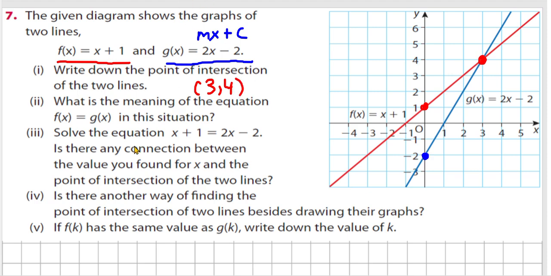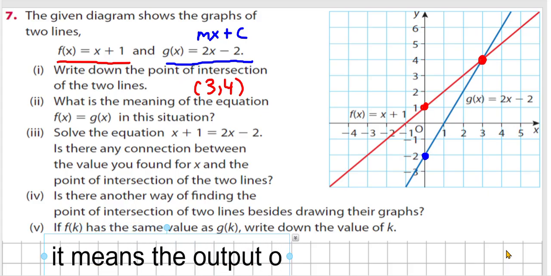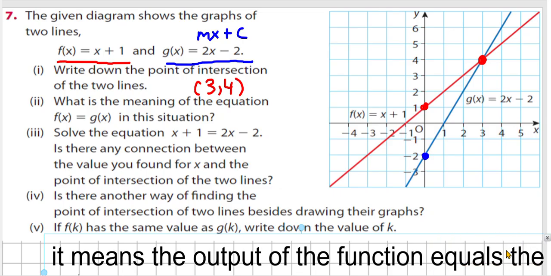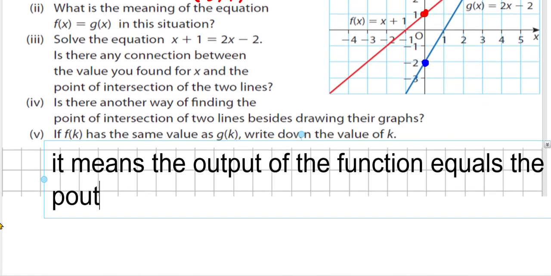Now, what is the meaning of f of x equals g of x? Well, it means the output of the f function equals the output of the g function for the same input.